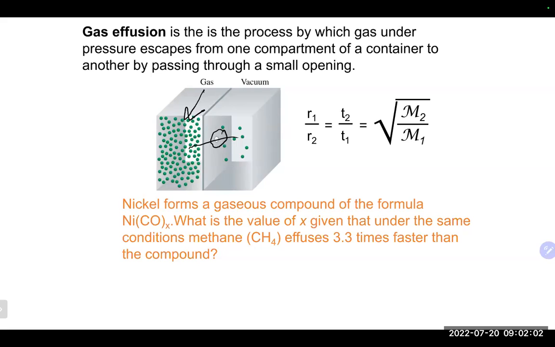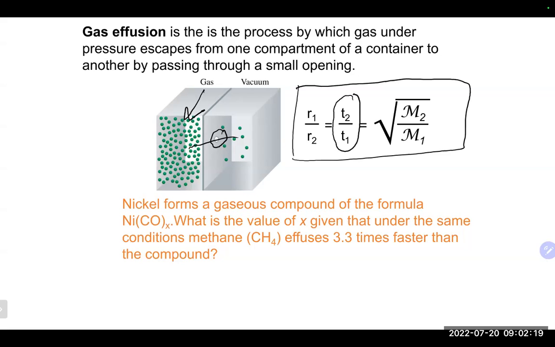And we could also calculate it, with a very similar equation to what we just saw. Once again, R1 and R2 are our rates, M2 and M1 are our molar masses, and here T2 and T1 are time, so time 2 and time 1. If you know how fast something is moving versus something else, you could do these types of calculations.